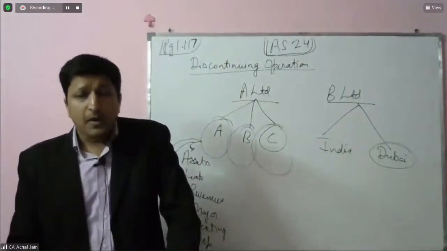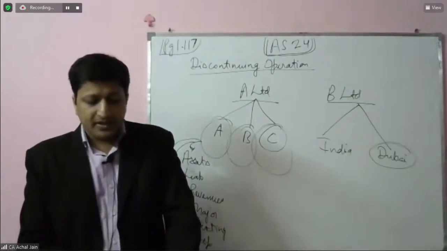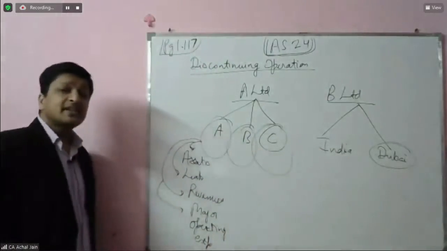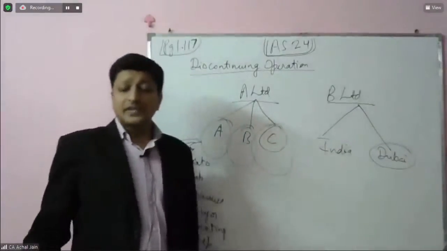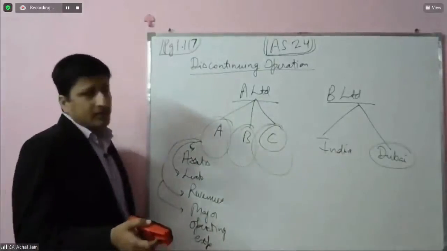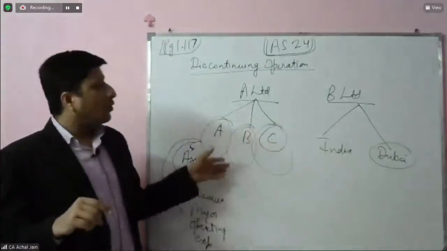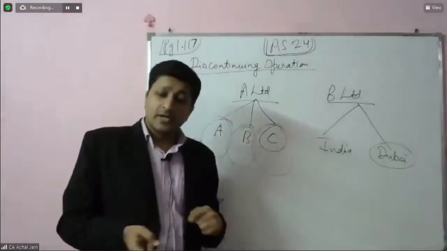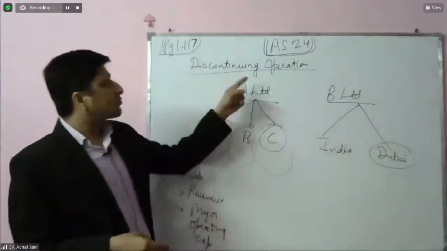Now, let's understand about the initial disclosure event. The initial disclosure event is very important because only when we say that these criteria are met, then we will think about making a disclosure. So far, please remember, again, don't get confused. So far, all of the points that we had discussed were in relation to the discontinuing operation, meaning whether an operation will be considered as discontinuing or not.